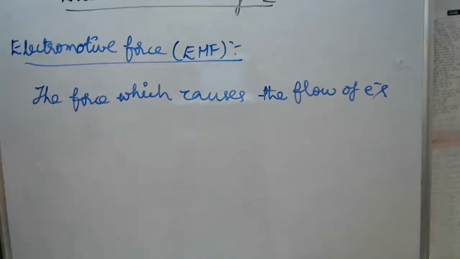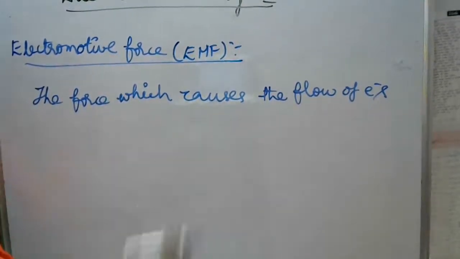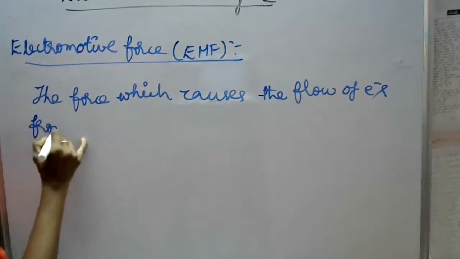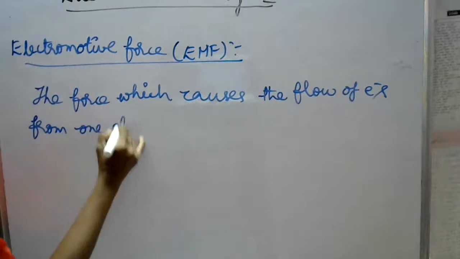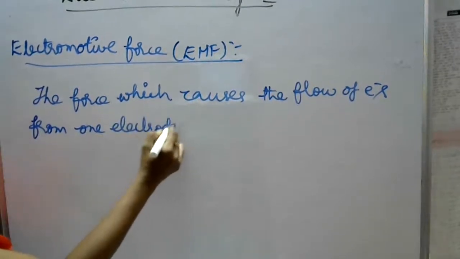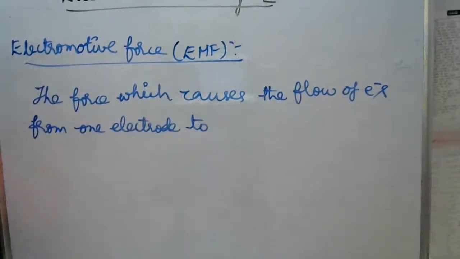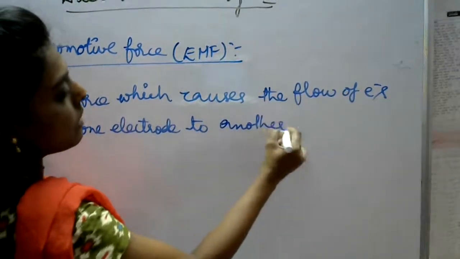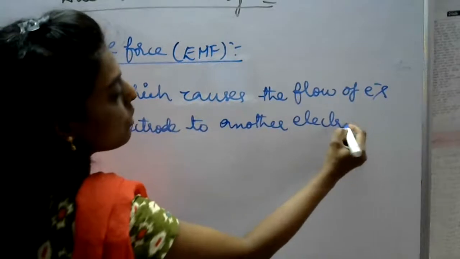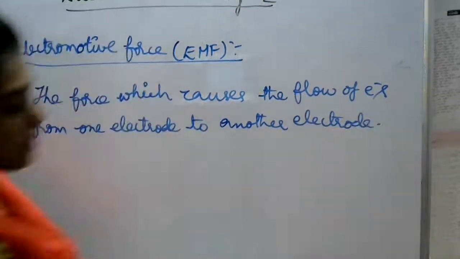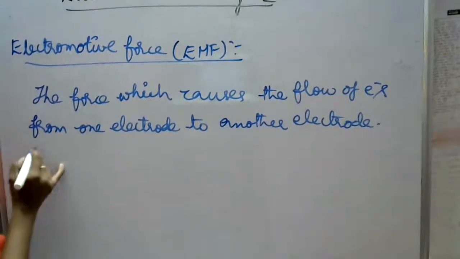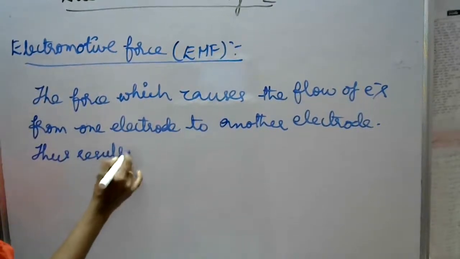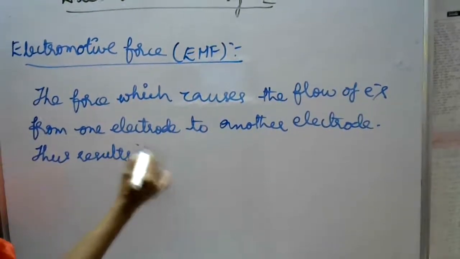Which causes the flow of electrons from one electrode to another electrode. By this, what happened? This results in the flow of current.